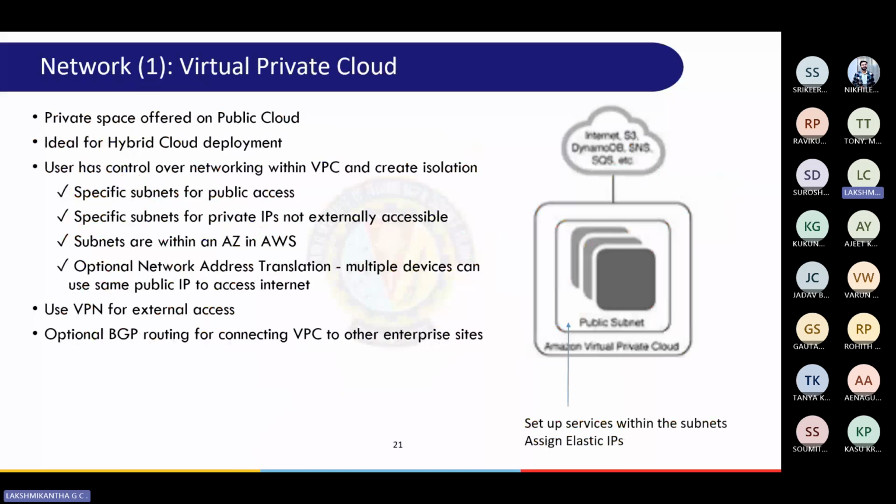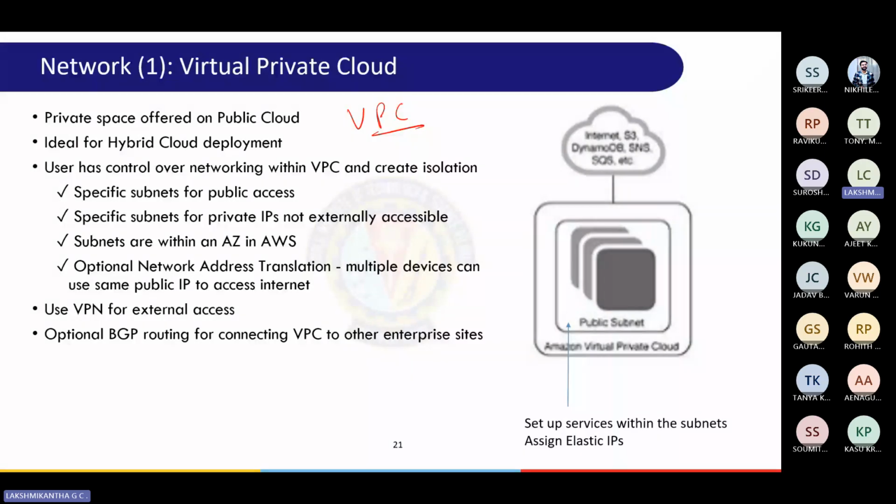My dear friends, in big data, data must flow securely. Hope everyone will agree with my point. That is where the virtual private cloud comes in, guys. In short form, we are going to call it VPC. Guys, a VPC is essentially a private space offered on a public cloud.